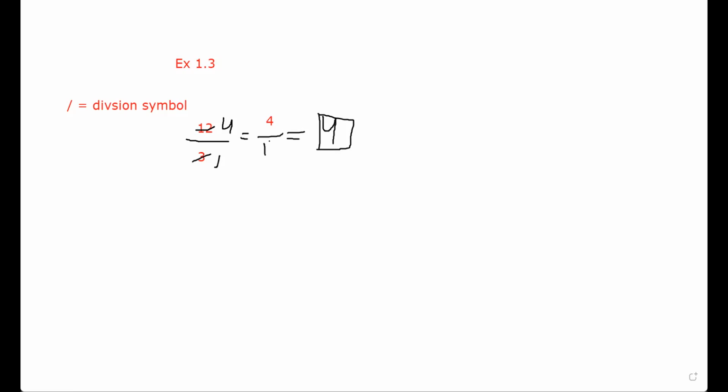My dear students, first of all, we have to understand a few rules. The rule number one says that if a number is written in this form, a upon b, always remember that the upper side is called the numerator and the number situated at the bottom is called the denominator.